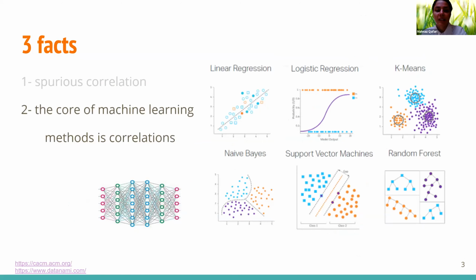The other fact is that the basis of almost all machine learning techniques is correlation, not causation. No matter how complicated the technique is, we almost always look at the correlation.